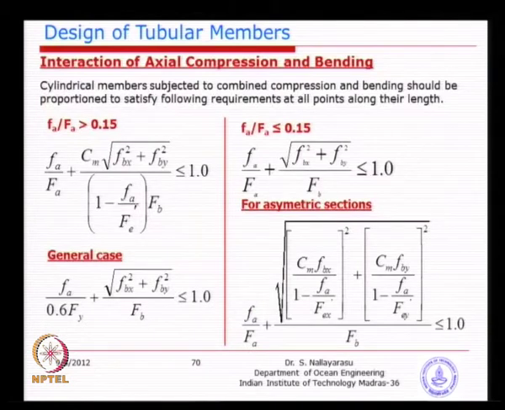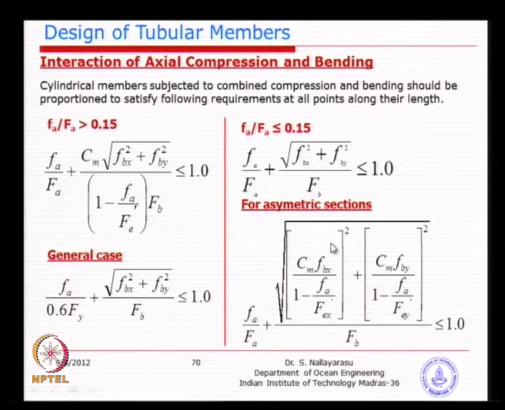So, if you look at this formula, everything else is the same except you have a moment magnification factor and you have a moment reduction factor due to equivalent moment. For asymmetric sections, you see here the difference is very simple. This formula is split into two components, that is all. Basically Fx bending moment, Fy bending moment, otherwise it is the same.